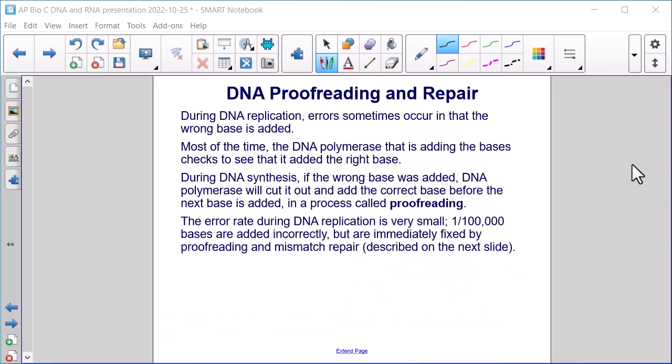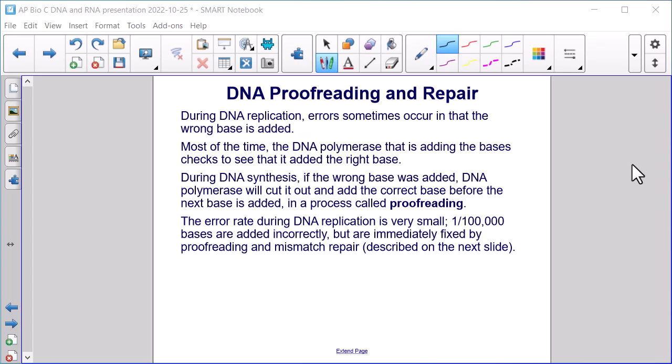DNA proofreading and repair. During DNA replication, errors sometimes occur in that the wrong base is added. Most of the time, the DNA polymerase that is adding the bases checks to see that it has added the right base.